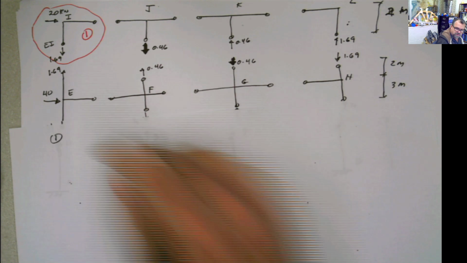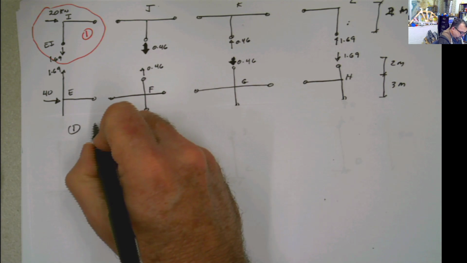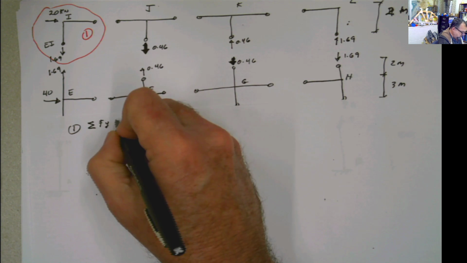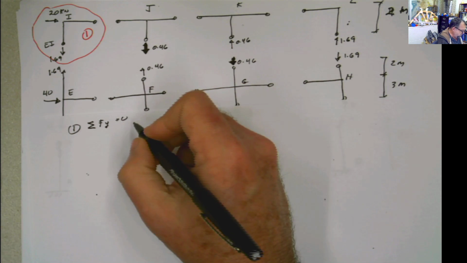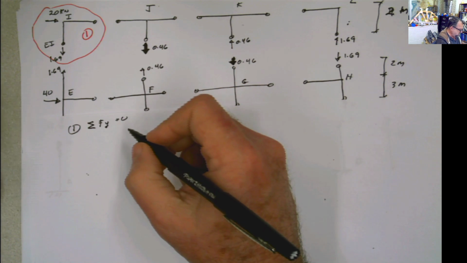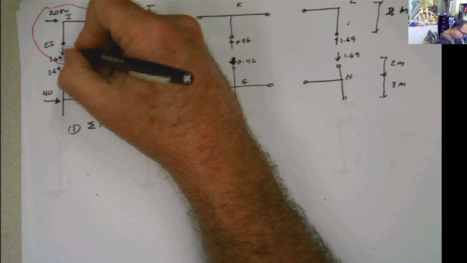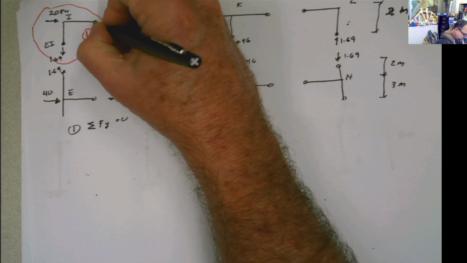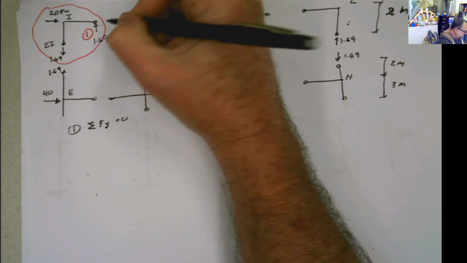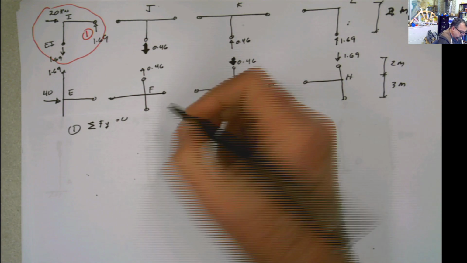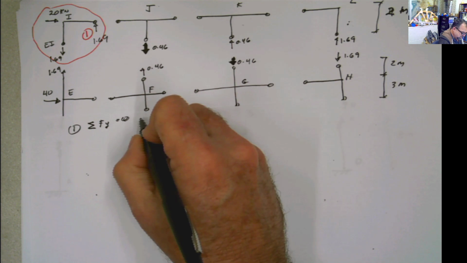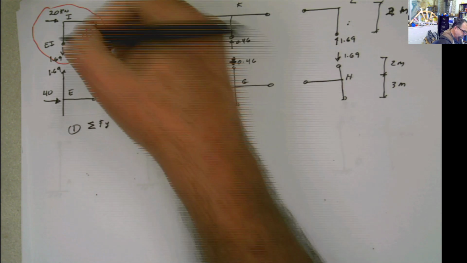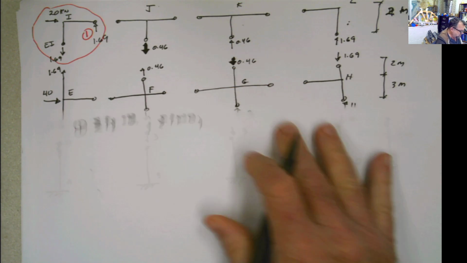So if you study part 1, you can say summation of forces in y equals 0. Then what do we have? We have 1.69 in this direction, meaning this one is going to be 1.69. And if we do summation of forces in x equals 0, well, I don't have this one here, so I cannot use this equation immediately.